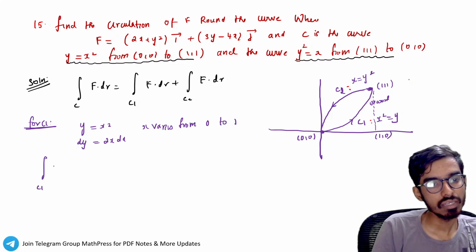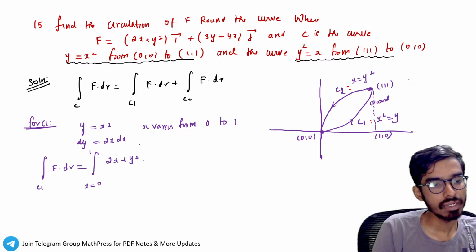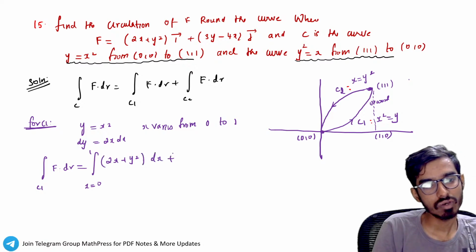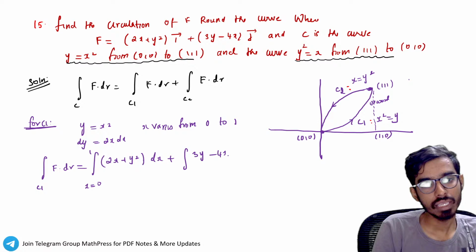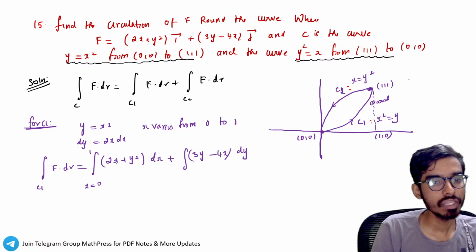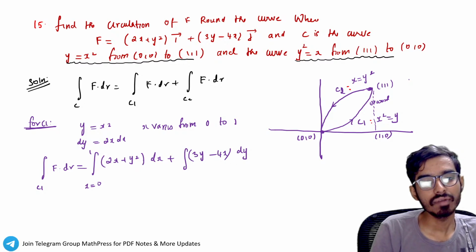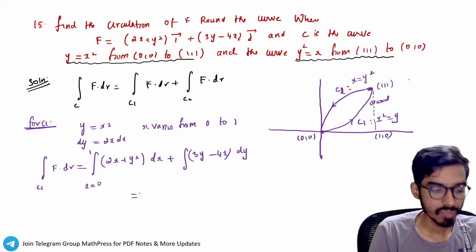Therefore, the integral over C1 of F dot dr will be the integral for x from 0 to 1 of (2x plus y square) dx plus (3y minus 4x) dy. I'm just going to give the answer only, because we have done so many problems like this. You just put y equal to x square and dy equal to 2x dx, so you have everything in terms of x, integrate over it, and you'll get the answer.